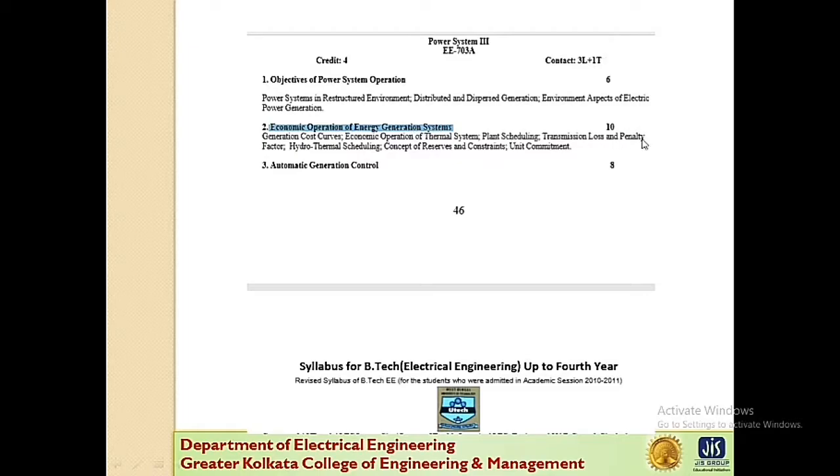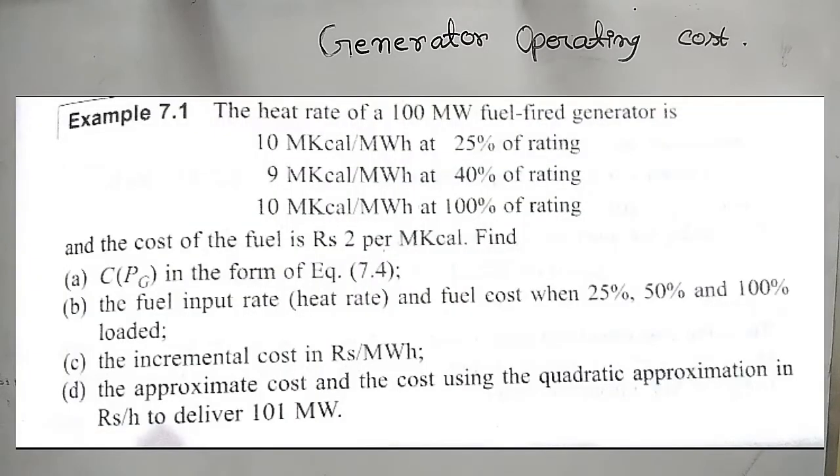So let's start. The heat rate of a 100 megawatt fuel fired generator is 10 mega kilocalorie per megawatt hour at 25% rating, 9 mega kilocalorie per megawatt hour at 40% rating, and 8 mega kilocalorie per megawatt hour at 100% of rating, and the cost of the fuel is rupees 2 per mega kilocalorie. First, find the total cost.